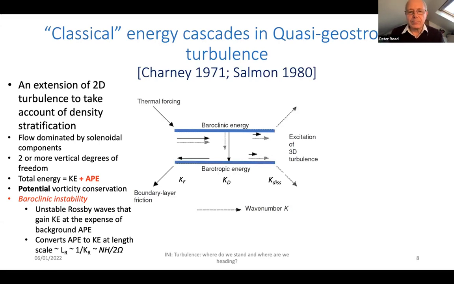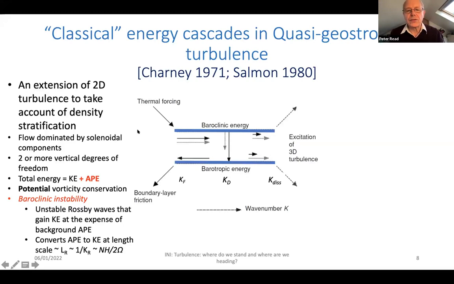It leads to other modes of instability, particularly so-called baroclinic instability, which essentially leads to unstably growing Rossby waves that gain kinetic energy at the expense of the background potential energy, and tends to convert APE to kinetic energy at a particular favored length scale, this so-called Rossby radius or deformation radius, indicated here by KD, as shown here.